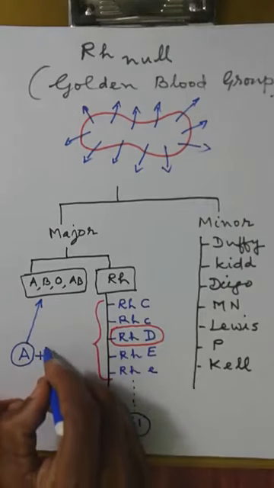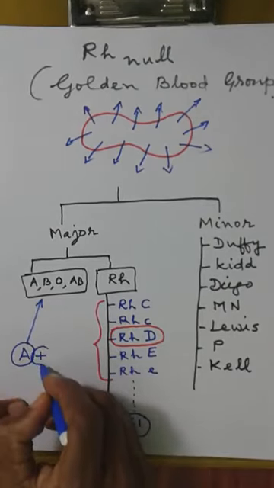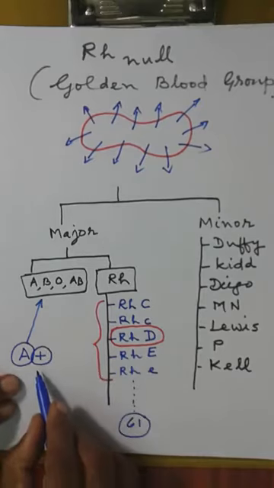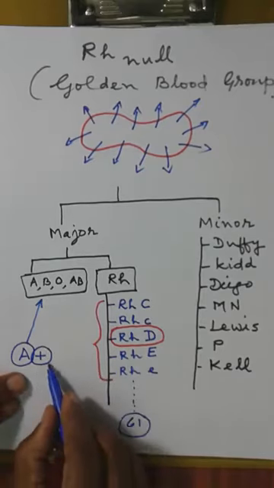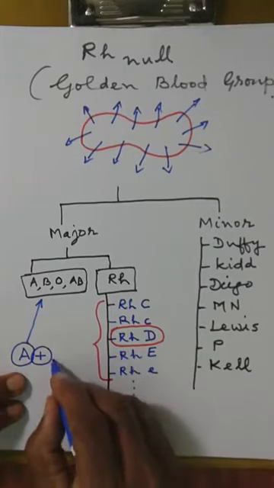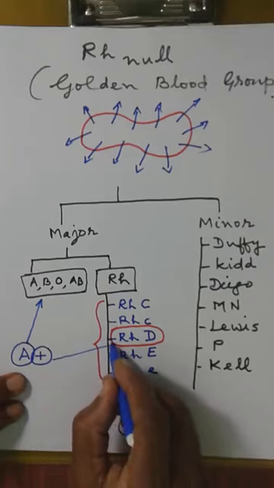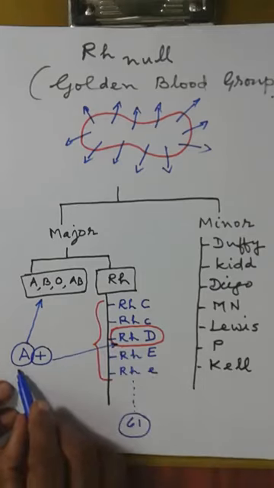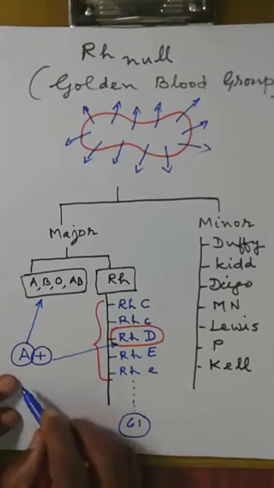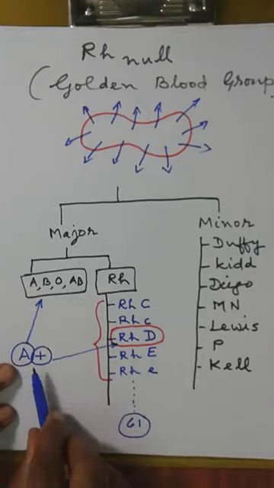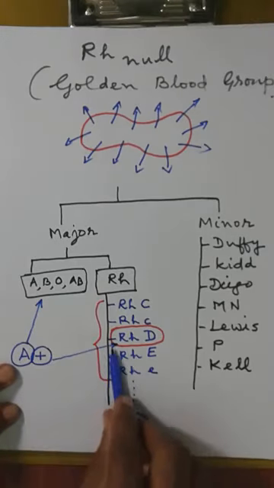This plus means he has RHD. That is the meaning. When I say A positive blood, I have A group with RHD.